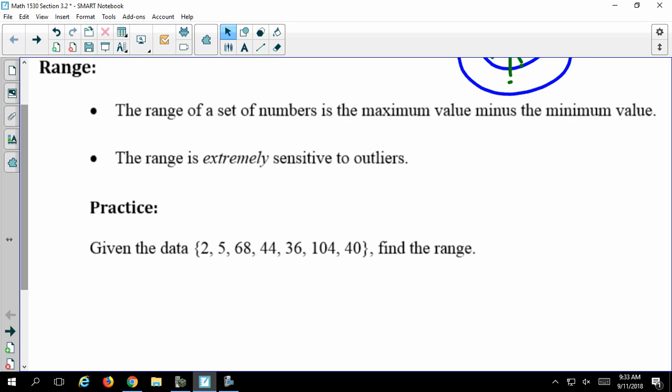One reason why it's not very good is it's very susceptible to outliers. If you have outliers, where are they going to be? They're going to be at the min and max, right? If you have them, they're going to be either at the maximum or the minimum or both. So that's where you're calculating the range at only. So it's very susceptible to outliers, but it's very quick and easy to calculate.